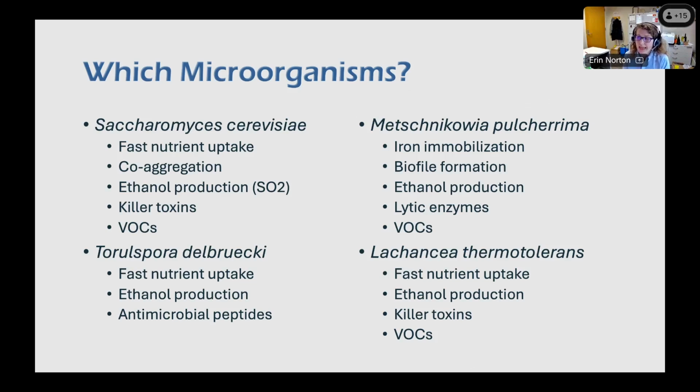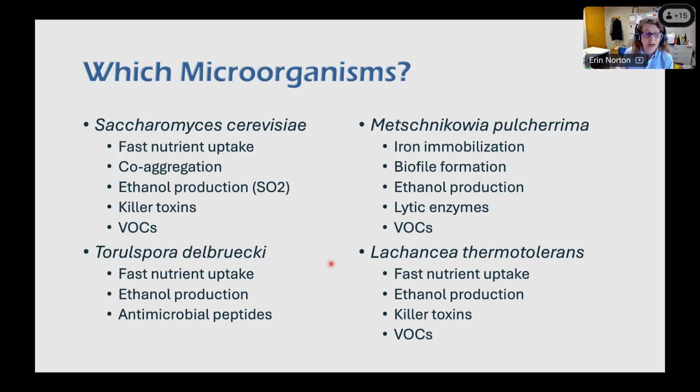Most of them don't have high ethanol tolerance, so you use them at the beginning of your fermentation to get a couple of percent alcohol, and they have some other benefits as well. But in terms of bioprotection, here are some benefits of Torulaspora delbrueckii. You've got some fast nutrient uptake. It does produce a little bit of ethanol, and it's got some antimicrobial peptides.